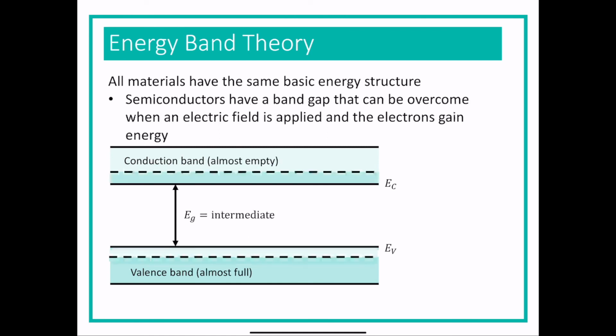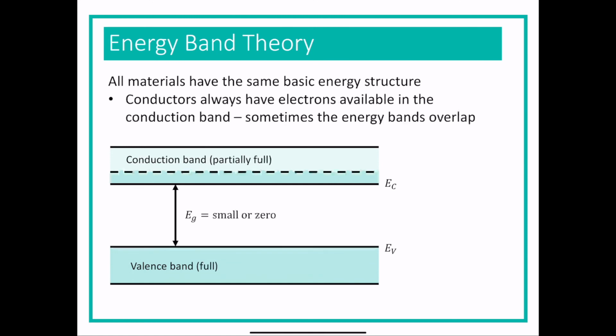Semiconductors have an intermediate size band gap, and the valence band is almost full and the conduction band is almost empty, but not quite. So some electrons do get up there and they do actually move and can be used to conduct electricity.